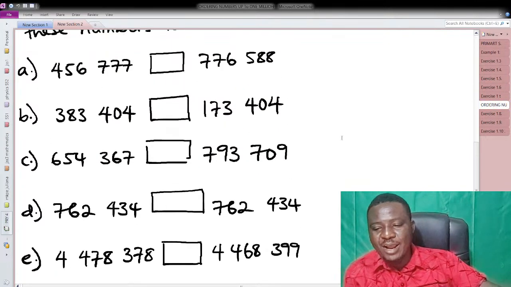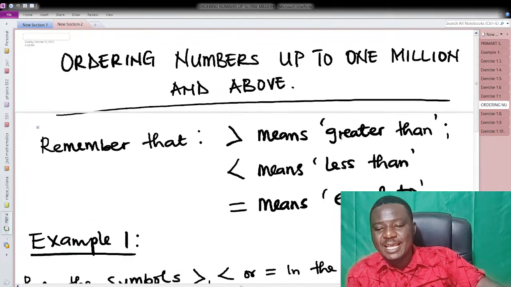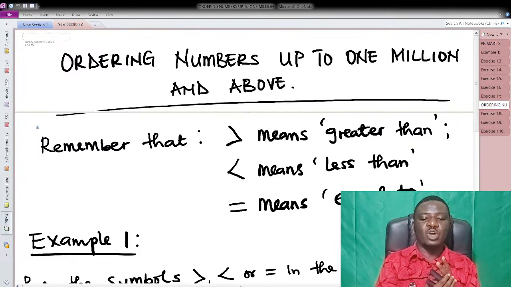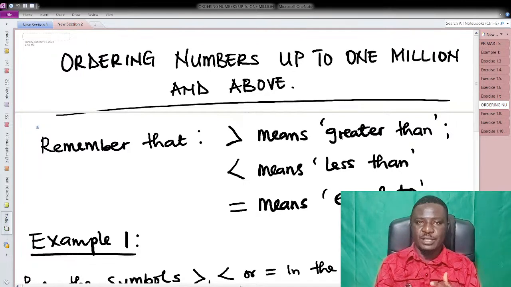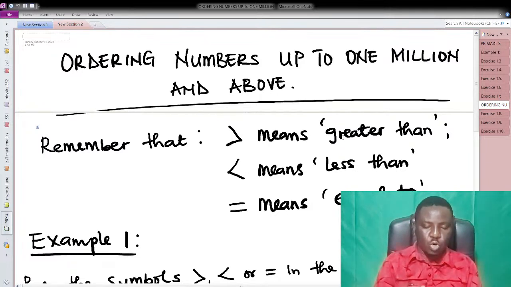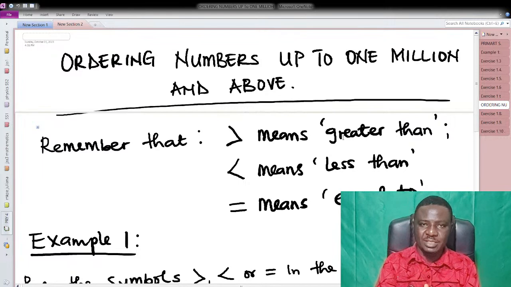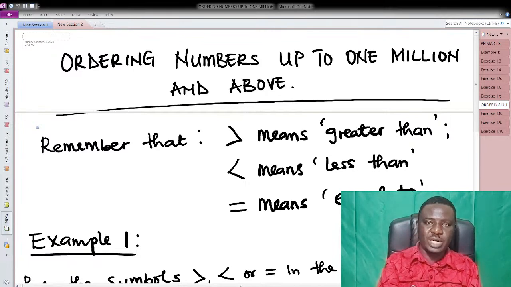Now, Ralph, let's look at how to order numbers. Ordering numbers up to 1 million and above. This is to aid you to know how to order these numbers, to know which comes before the other. Just like I told you, we have the unit place values, we have the tens. After the tens, it grows to hundreds.